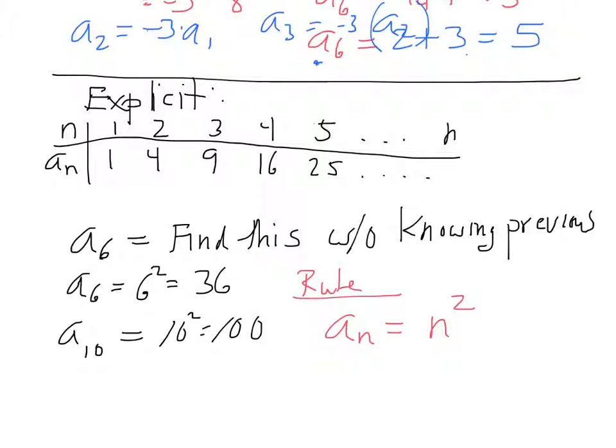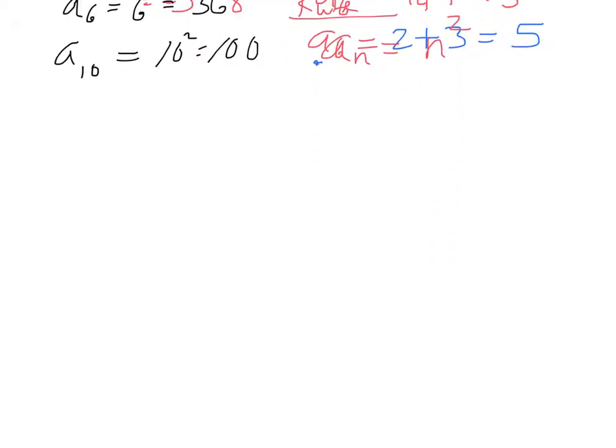So look at a couple more examples. One thing you're going to be asked to do is, if given an explicit rule, like say a sub n is equal to n squared minus 2n, find the first 5 terms.